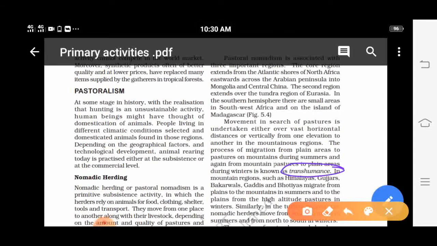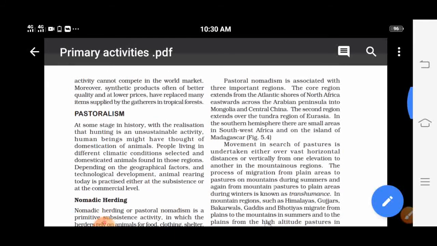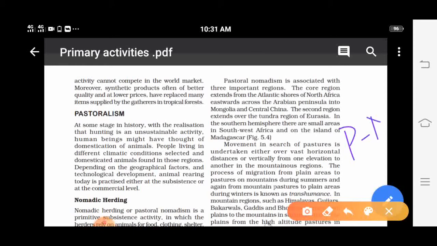Now what happens is that during the extreme summer times, the herders migrate from the plain areas to pastures on the mountains. They are migrating from the plain areas to the mountainous areas during summers, and in return, in the winter time, since it's very cold at higher altitudes, they come down to the plain areas.